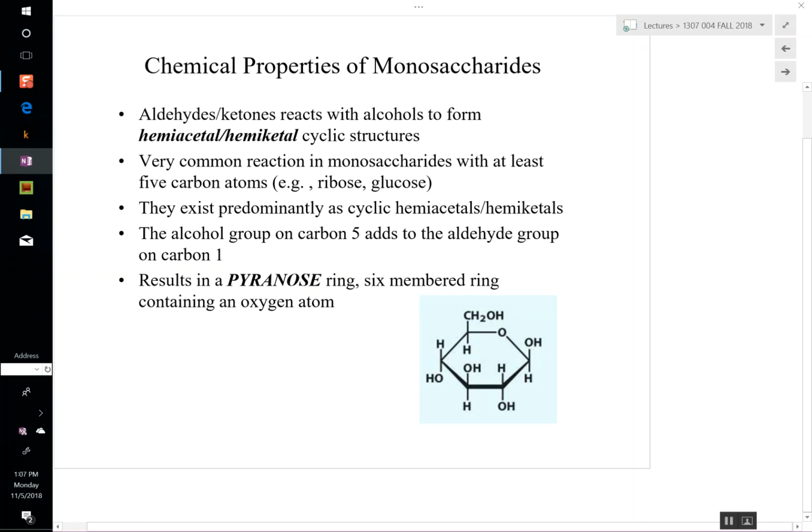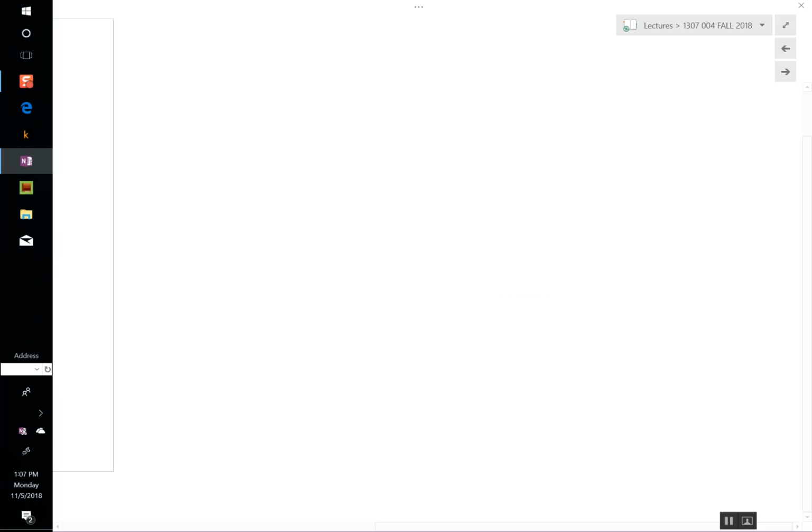Now we're going to do the next step with your molecule, the ring structure. So we've been looking at these molecules as just the open chain for right now. Before we look at the way this chain closes into a ring, I just want to remind you of the hemiacetal reaction.